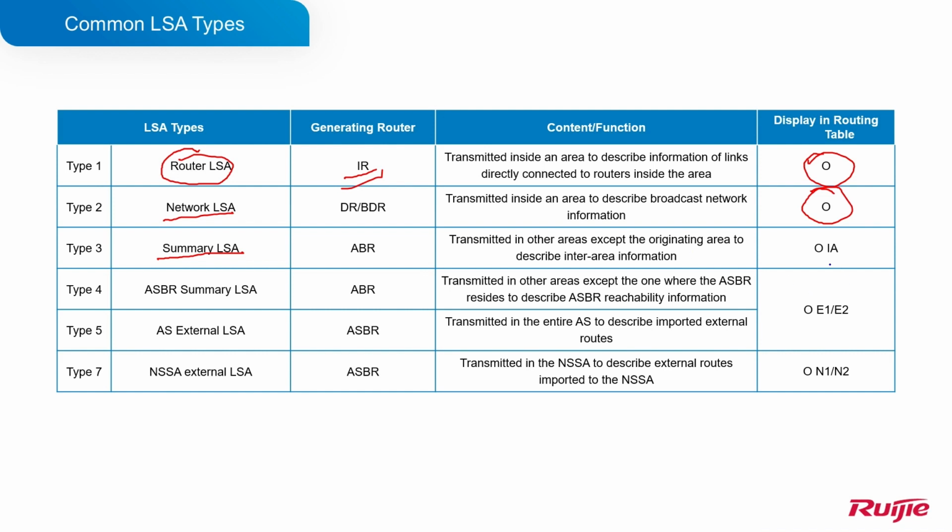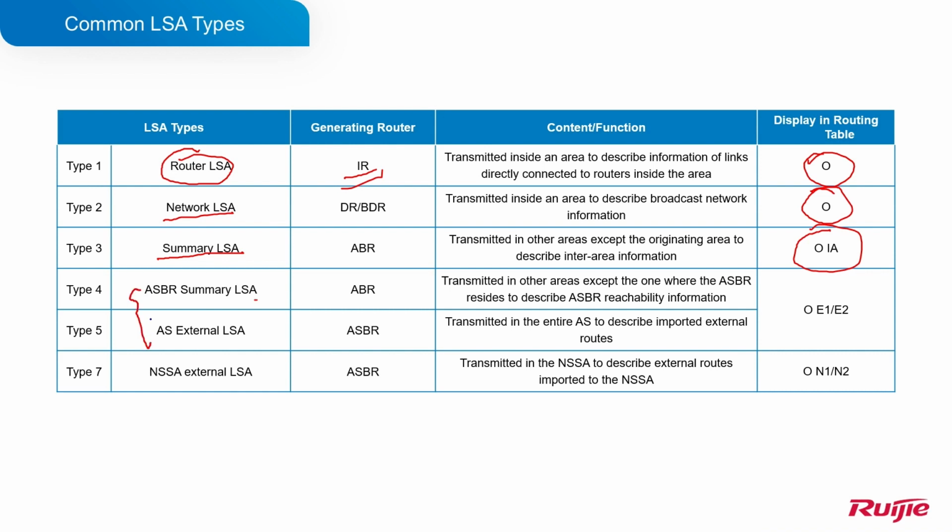If we want to see the routing information in our routing table, we use show ip route and we can see the O IA mark. This means this routing entry is generated by type 3 LSA information.